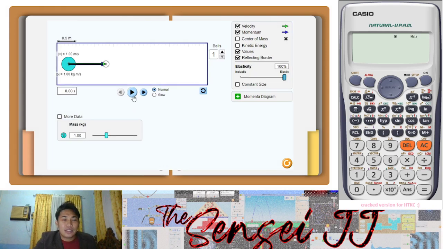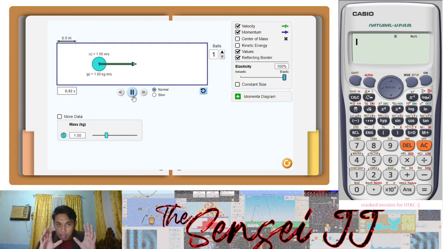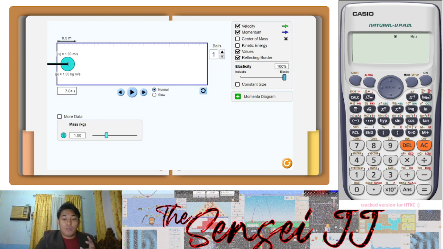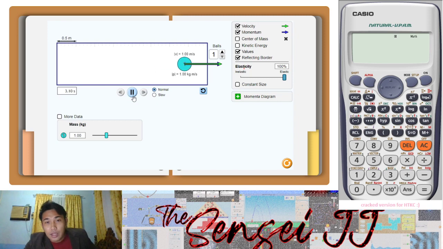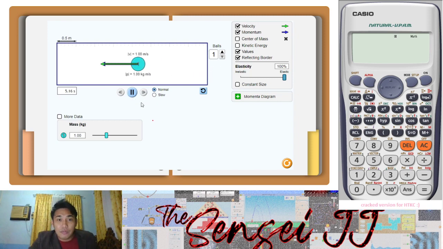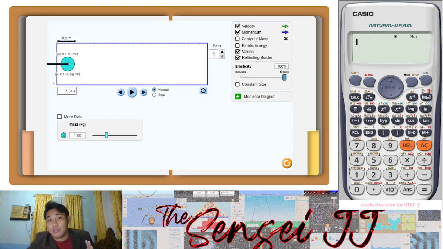Okay. So for example, we have here an object and it's having a mass and velocity. So you will see that the object is moving. So this is our usual momentum. An object with mass and velocity is given, or it is handing out momentum.